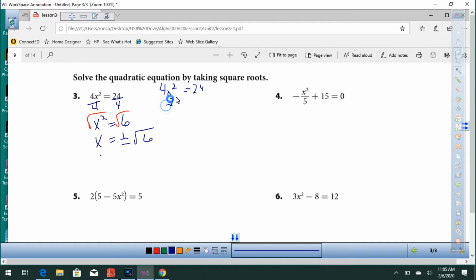You got to subtract 24 from both sides. And that gives you 4x squared minus 24 equals 0. You got to get it where 0, because that's what you're telling with the menu 331. You're telling the calculator you're wanting to find the zeros.